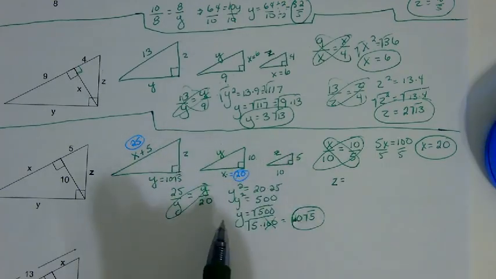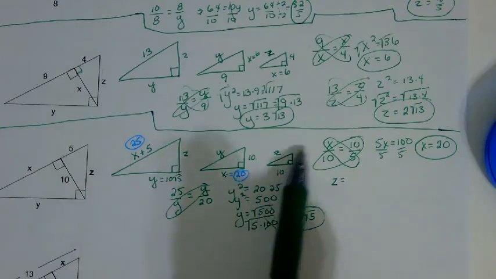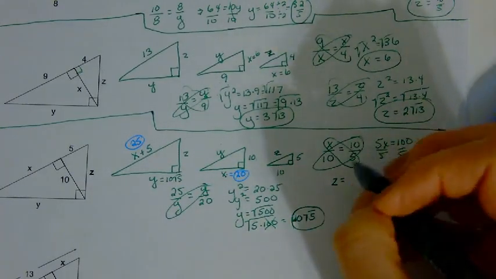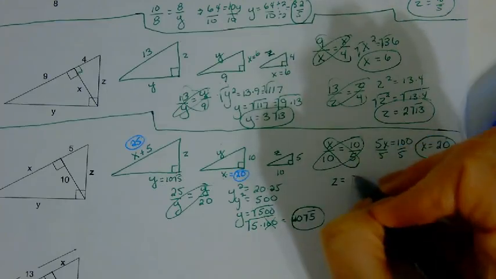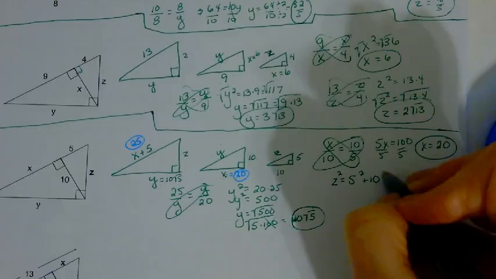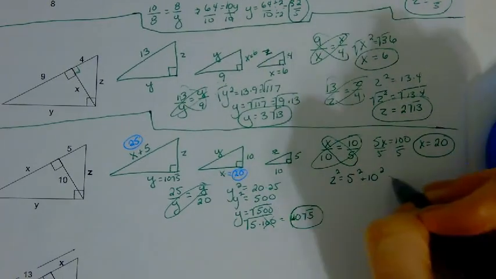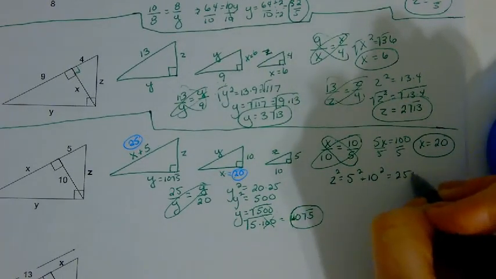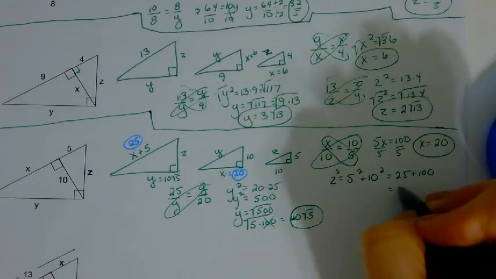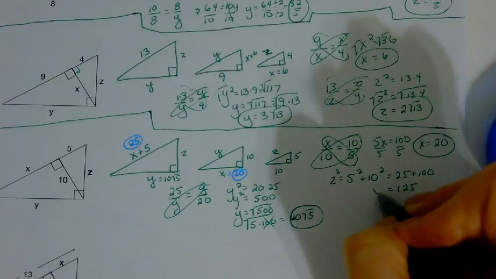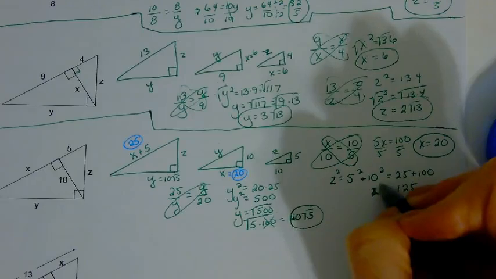I think in this case it might be easier. So we'll just do leg squared. So z squared equals leg squared plus leg squared. That's equal to 25 plus 100. It's equal to 125. So z squared equals 125. Take the square root of both sides and you get z equals the square root of 125.